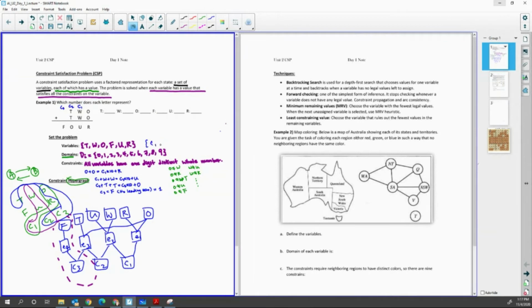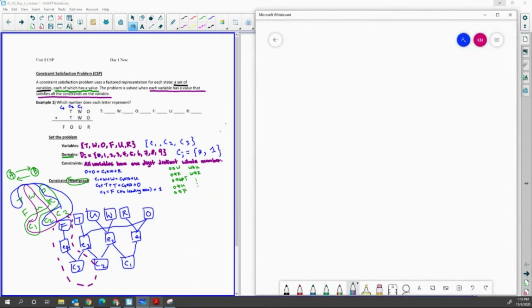Then the hidden variables' domain will be its carryovers only, 0 or 1. I'm going to list all the variables. So when I program it, I'm going to define all the variables that I need. And for each variable, I'm going to think about the domain.